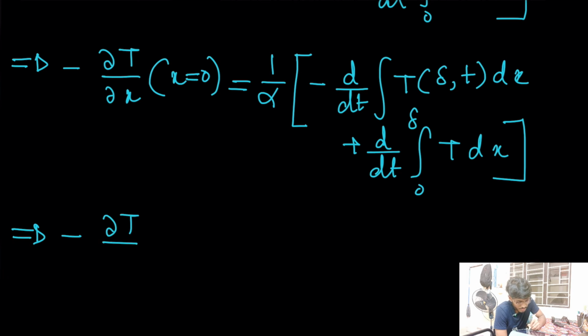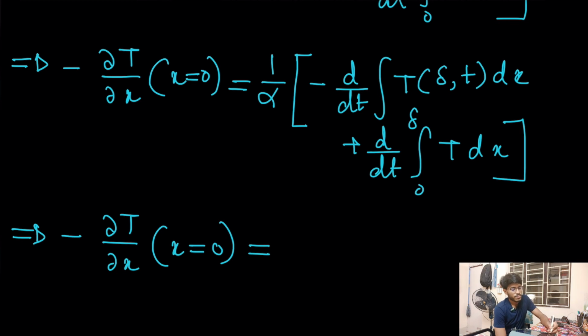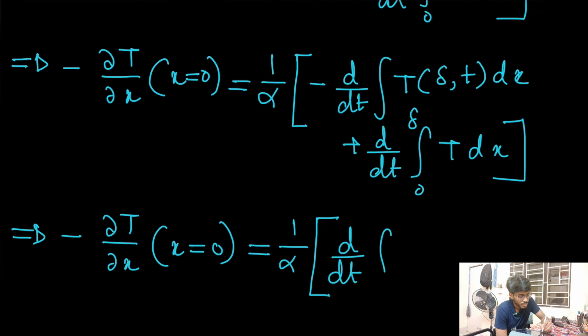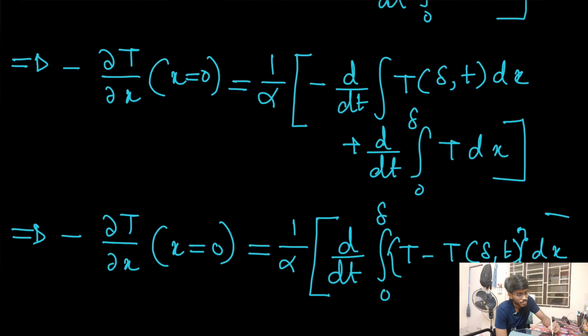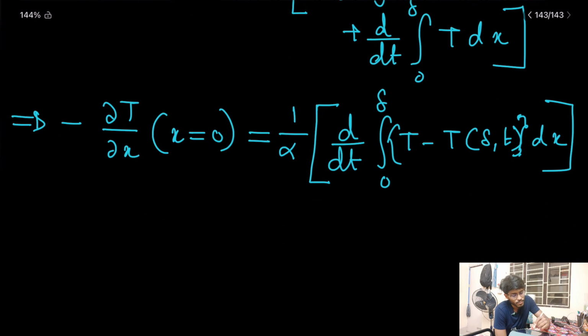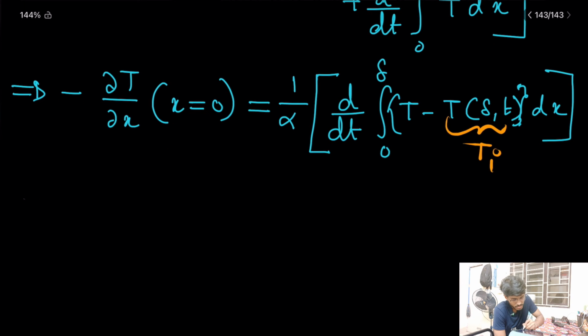So this will be 0 to delta(t) of T minus T at delta(t), okay, dx. Clear? And this we know that this is equal to our Ti. Clear?